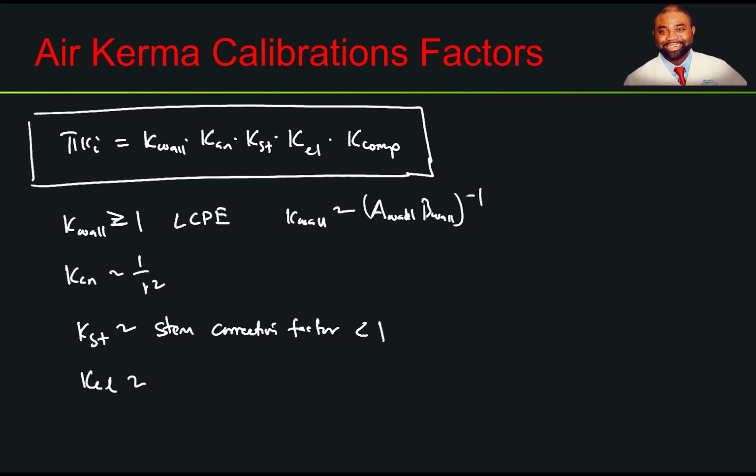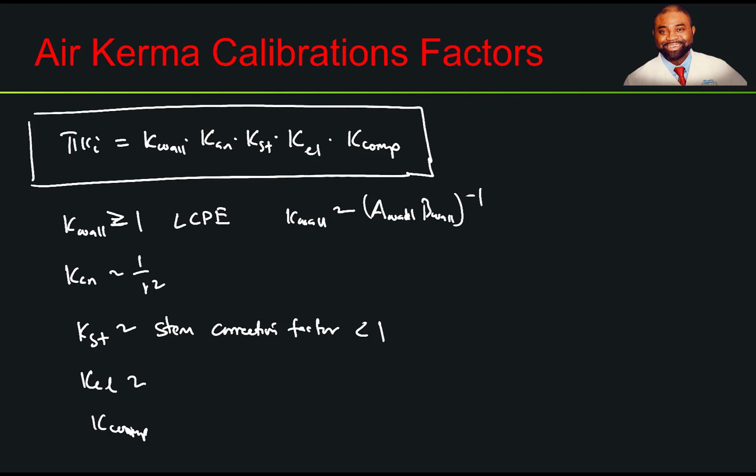And lastly, K-comp actually corrects for the composition of the walls of the ion chamber. This K-comp is especially accounted for when we use a build-up cap that is made up of materials that are different from the materials of which the ion chamber is made.